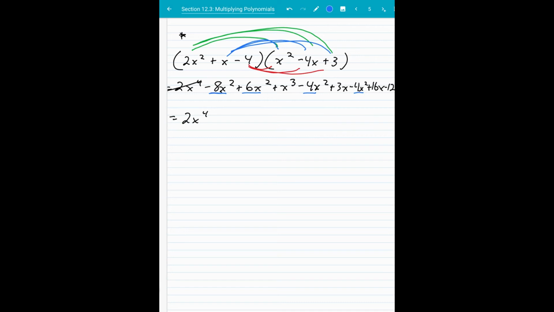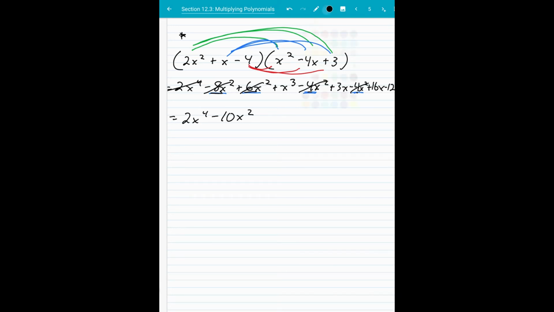So we have 1, 2, 3, 4 numbers we can combine. Negative 8 plus 6 is negative 2x squared. So I'm going to add all of these together. Negative 8 plus 6, negative 2, minus 4 more is negative 6, minus 4 more is negative 10x squared. So all of these are now gone.